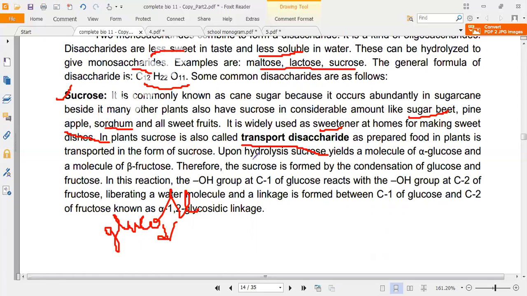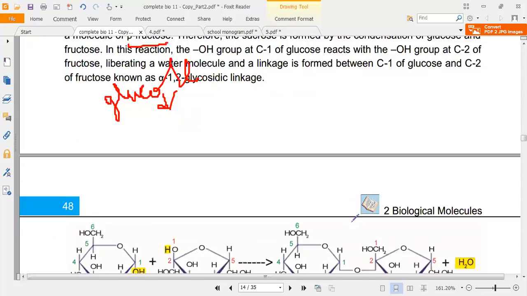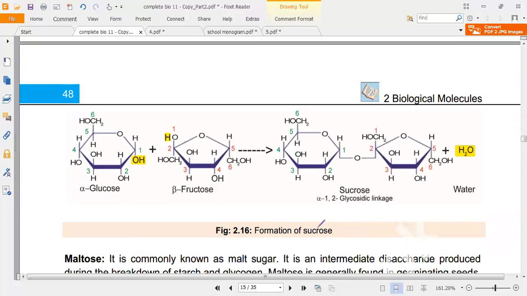On hydrolysis, it gives two different monosaccharides: one is alpha glucose and the other is beta fructose. We discussed alpha glucose and beta glucose in the previous lecture. In the diagram, you can see the formation of sucrose from two monosaccharides, glucose and fructose: alpha glucose and beta fructose.